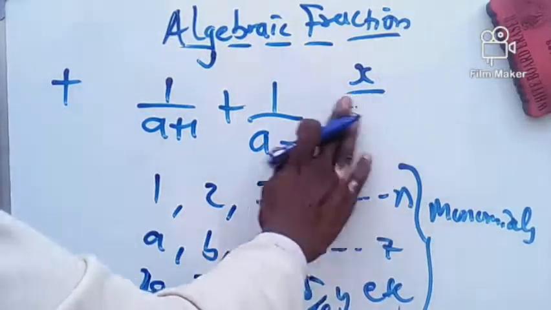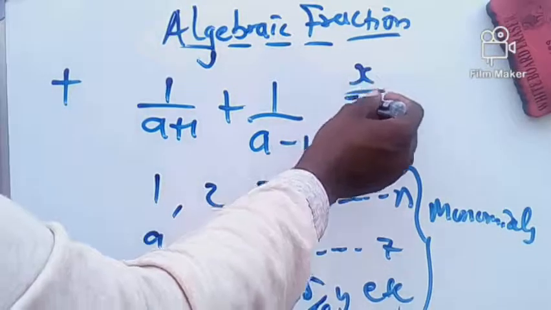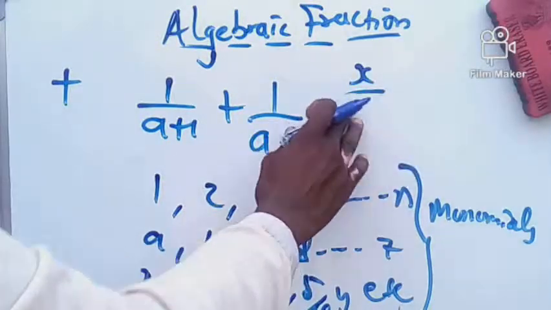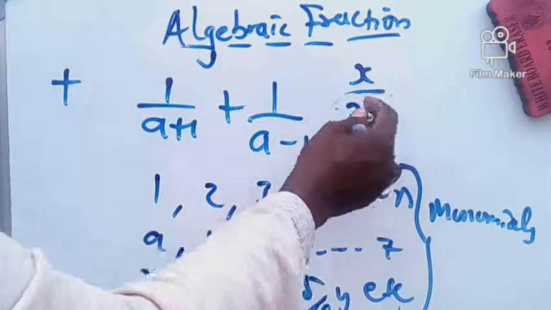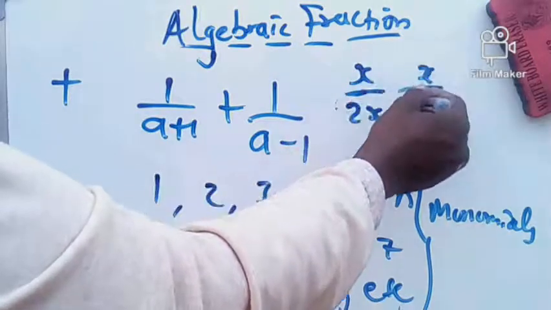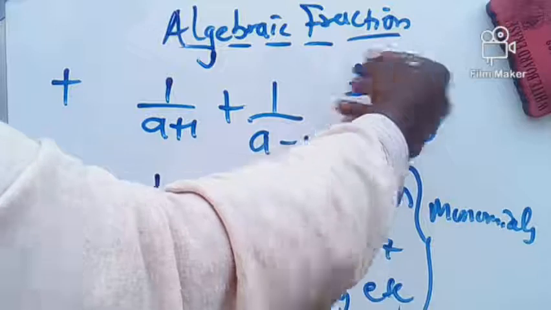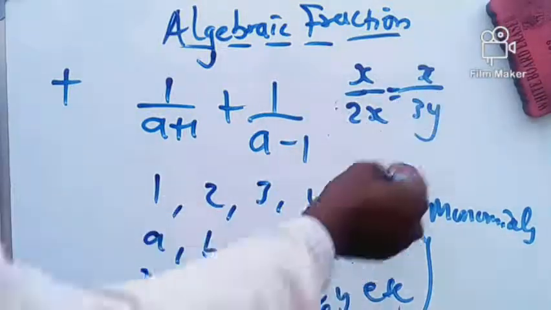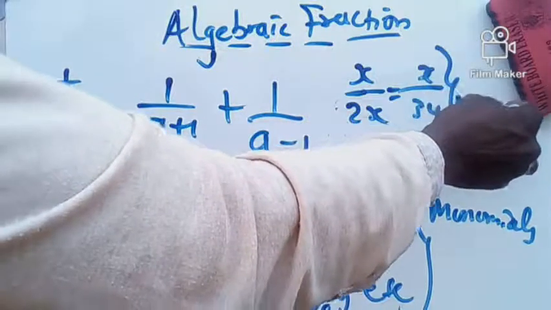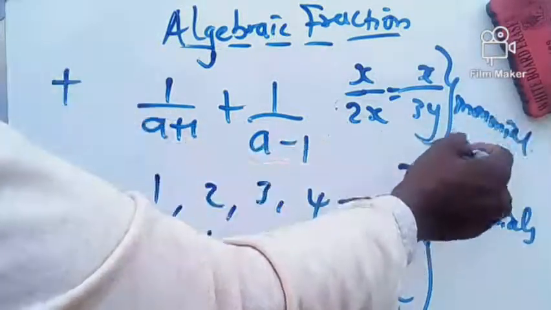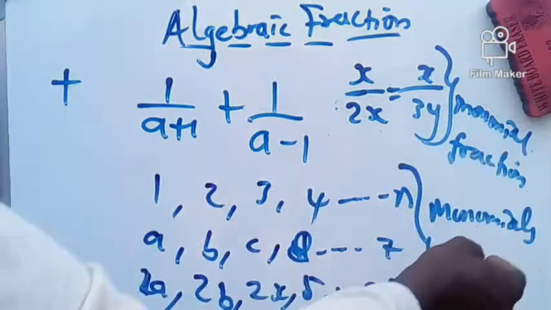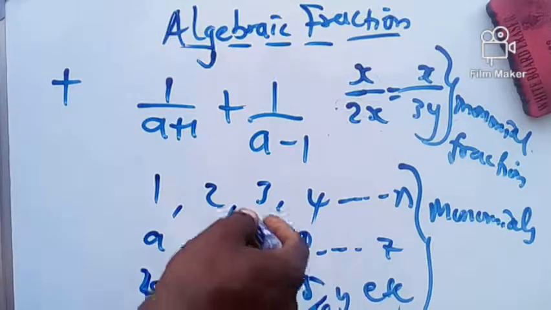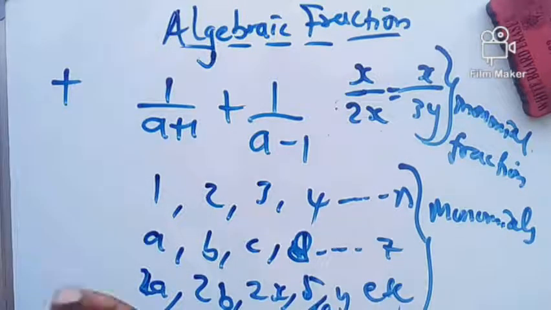If the denominator contains single terms such as 2, or an alphabet such as A, or a combination of the two such as 2x, or something like x over 3y, we don't pay attention to the numerator. The numerator can contain anything. But once the denominator contains single terms, we call this type of fraction a monomial fraction. Just like the first example we solved, which is simply an example of 2 monomial fractions being added together.